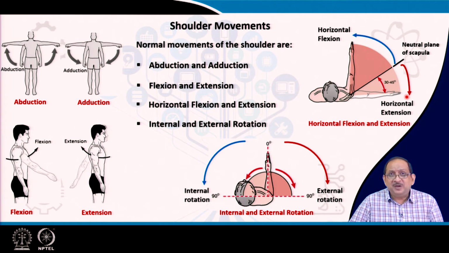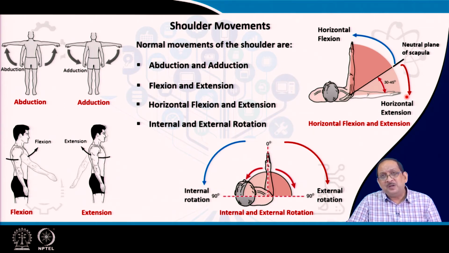Apart from these, the other rotations of the shoulder are the external and internal rotations. The internal rotation corresponds to the movement of the arm inwards towards the midline of the body, and away from the midline of the body is external rotation.